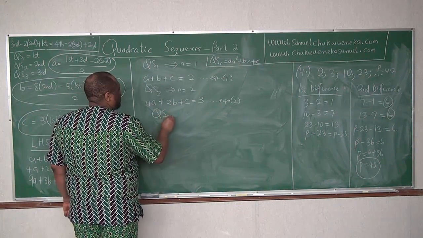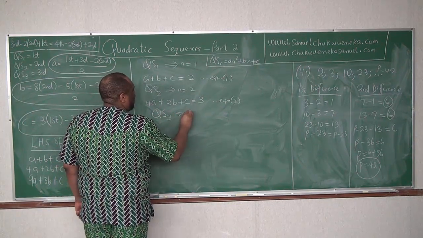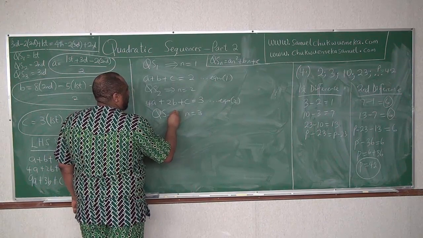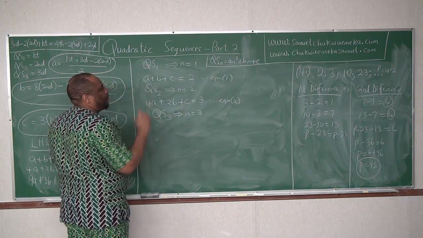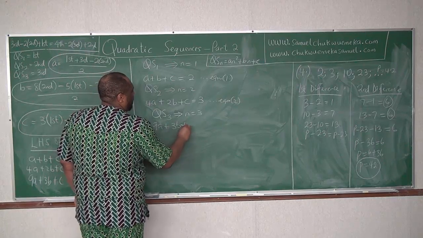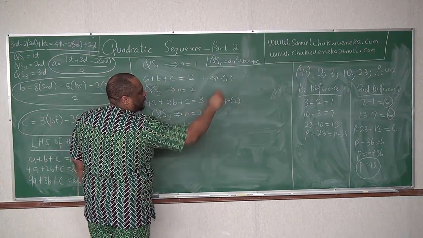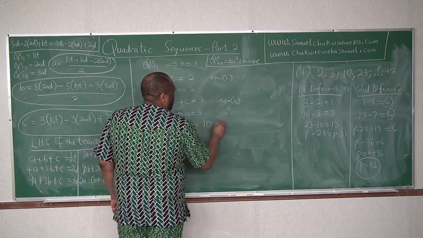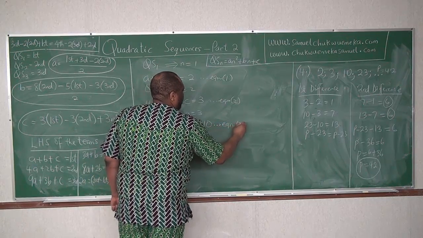QS3, quadratic sequence 3, implies that n equals 3. So 3 squared is 9, 9 times a, 9a plus 3b plus c equals the third term, 10. Call this equation 3.